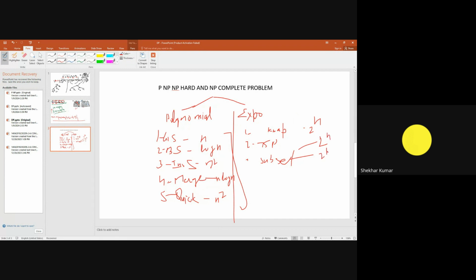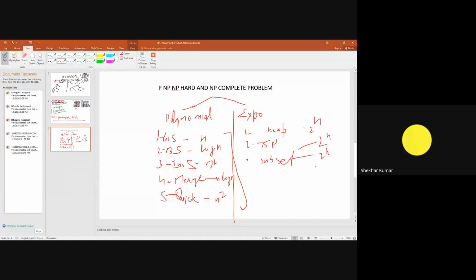So there are two types of problems. First one is your polynomial problems, which we have discussed so many times, and we have already calculated the complexity of these algorithms. It includes your searching algorithms, sorting algorithms. Normally, all the algorithms like Huffman coding, in which we have found the solution within a deterministic time, in a polynomial time.